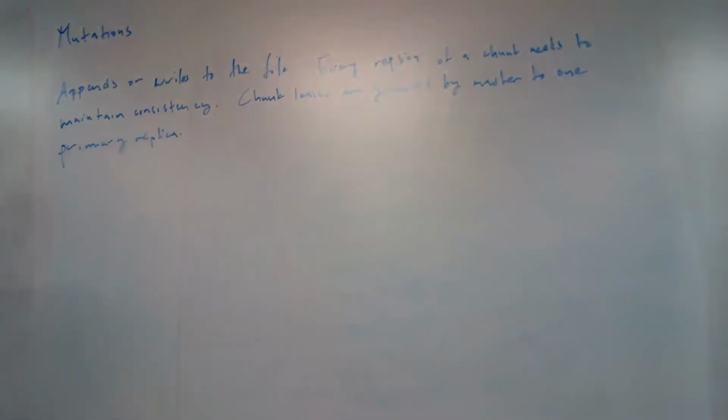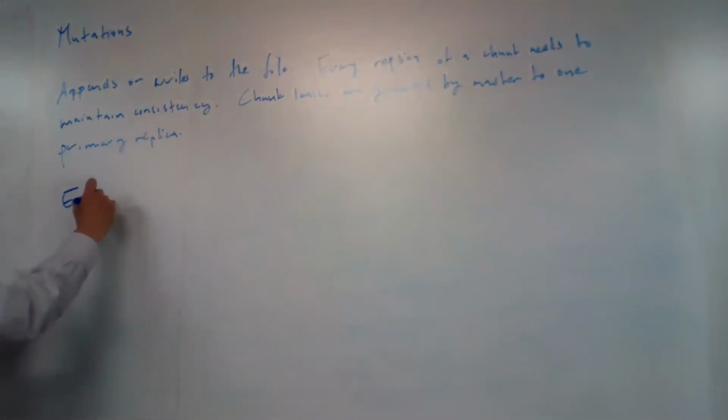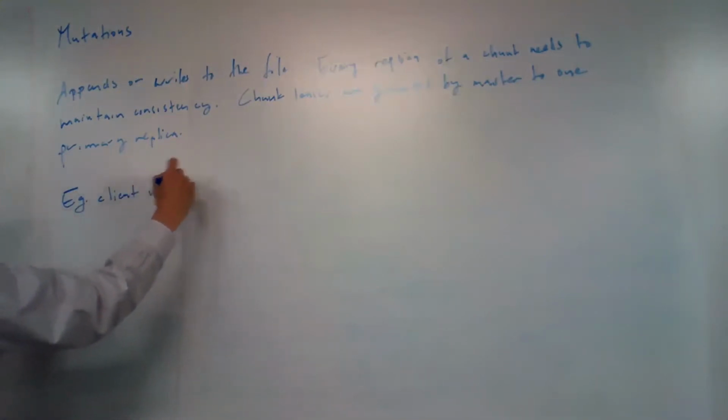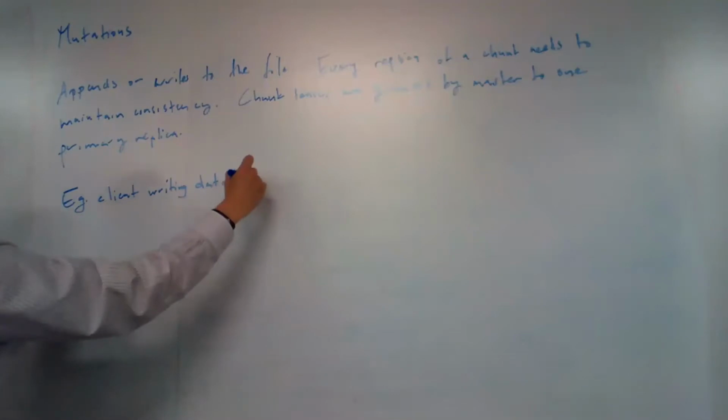And so every time you go to do a mutation, you're actually going to talk to the primary replica. So when you do an fwrite through the GFS file system, you'll actually get back information about who you need to negotiate that write with. And so here's an example of a client writing data to a file.